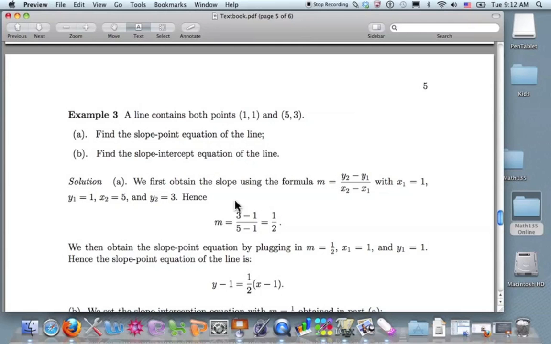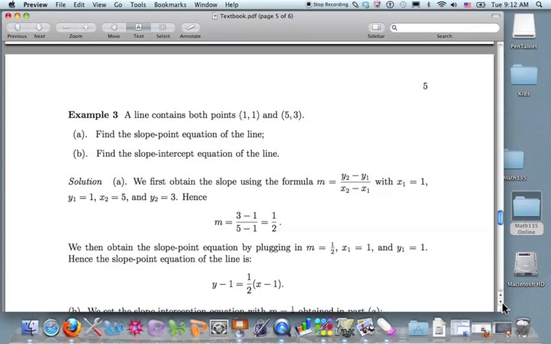If we pick 5 and 3, 5 is the x value, 3 is the y value, and they are both in front, and then we have 1 and 1 as the second term. In that way, we have the correct sign of the slope.